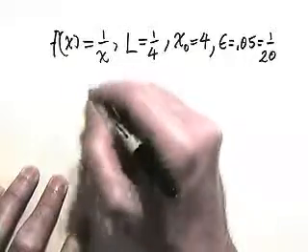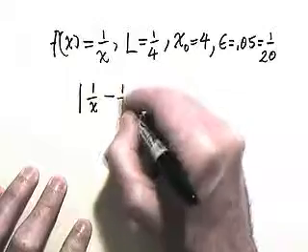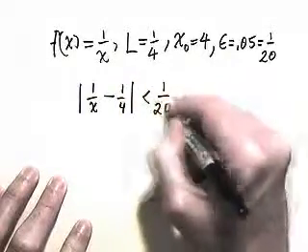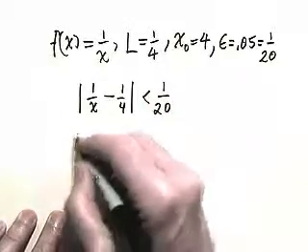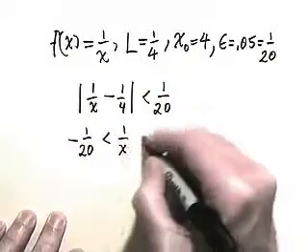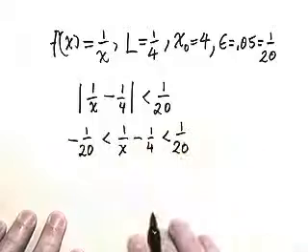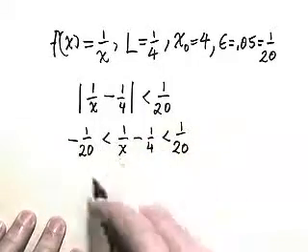So that's the same as negative a 20th less than 1 over x minus 1/4 less than 1/20th. So add 1/4 throughout, we get 1/4 minus a 20th less than 1 over x less than 1/4 plus a 20th.